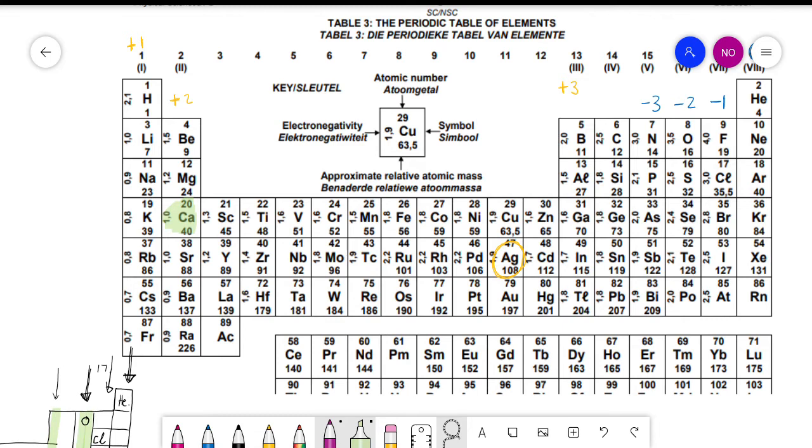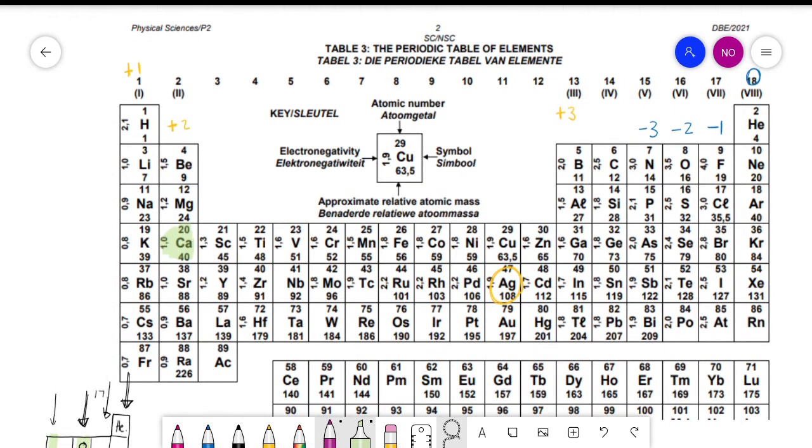Look there at the top in yellow. 2 plus. All the group 1 metals have a plus 1 charge. All the group 2 metals have a plus 2 charge. So we know the charge of that. But the transition metals, except for silver, you need to put their charges in brackets. But calcium isn't a transition metal, so you don't have to classify it.